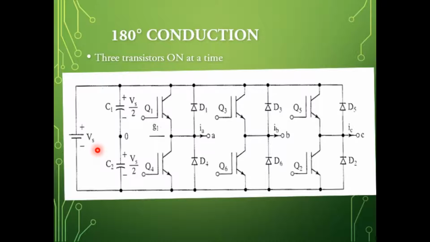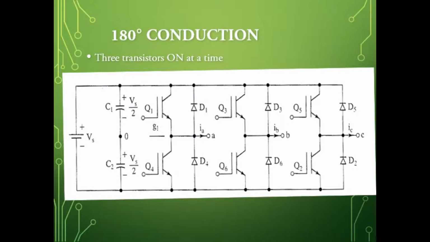The sequence of operation will be transistors 1, 2, 3; 2, 3, 4; 3, 4, 5; 4, 5, 6; 5, 6, 1; and 6, 1, 2. So each gating signal will be shifted by 60 degree. The load can be connected either in star or in delta. So we will see how it is going to work.